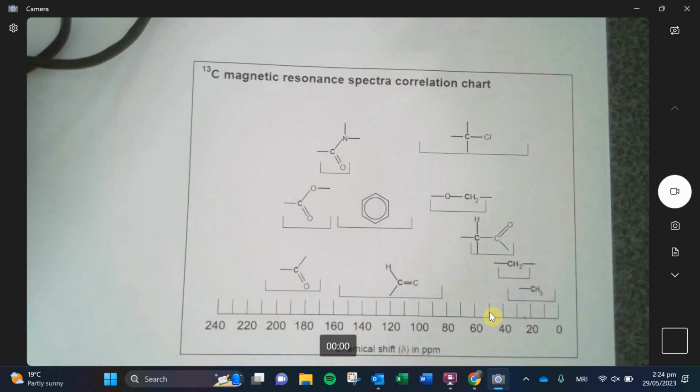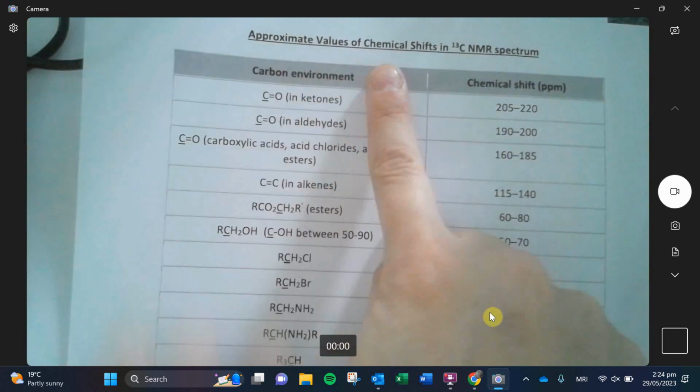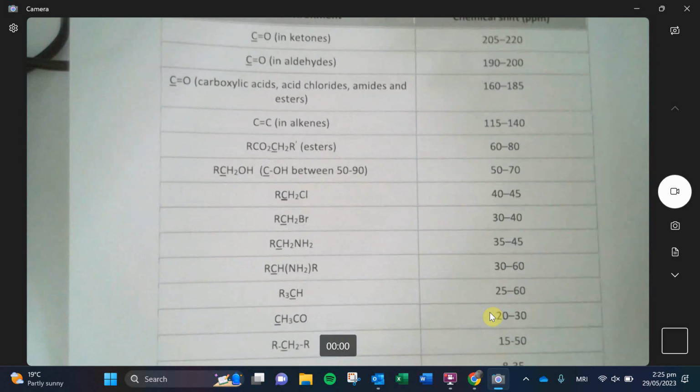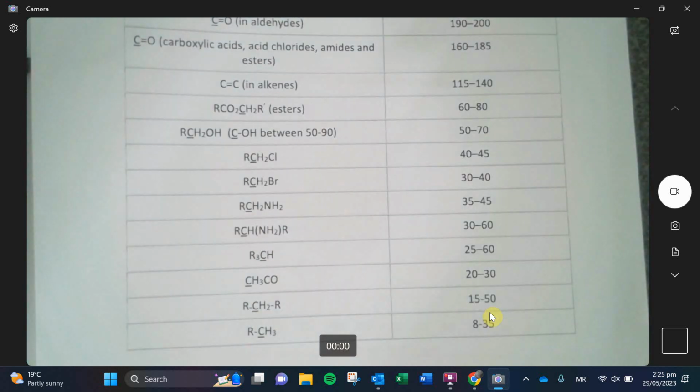You also have it on your resource sheet. On the back page, I have the approximate values for the chemical shifts for the carbon NMR data, and it has a list of all the functional groups stating roughly where each should be.